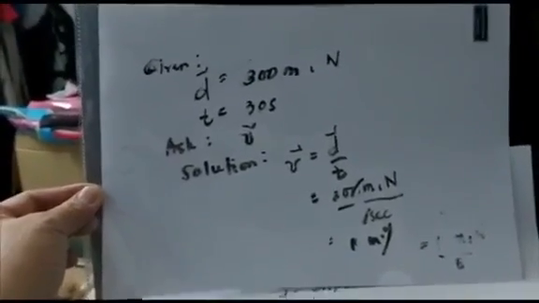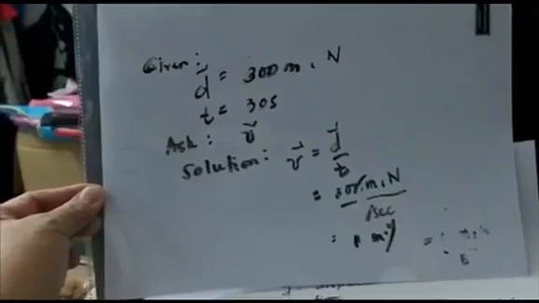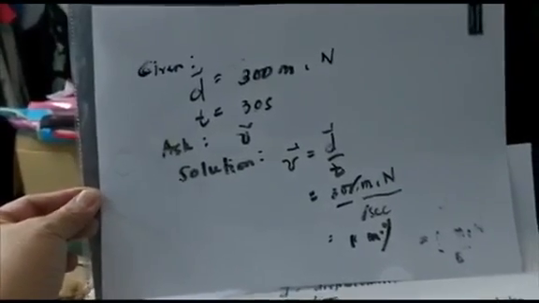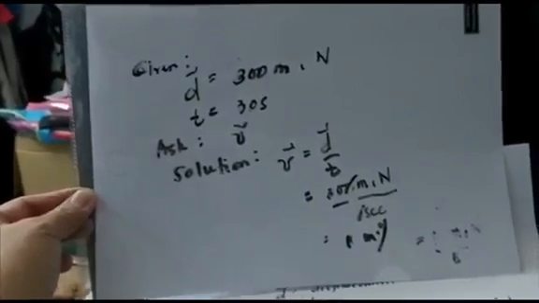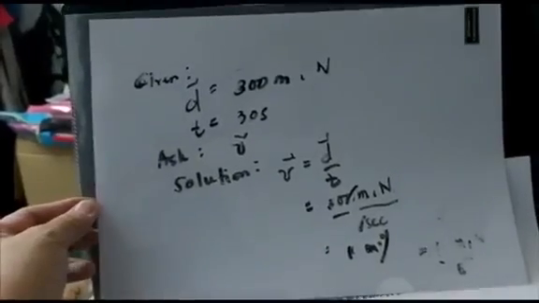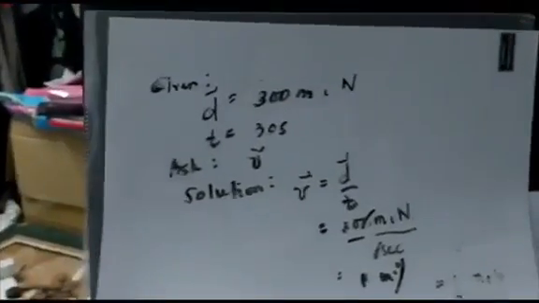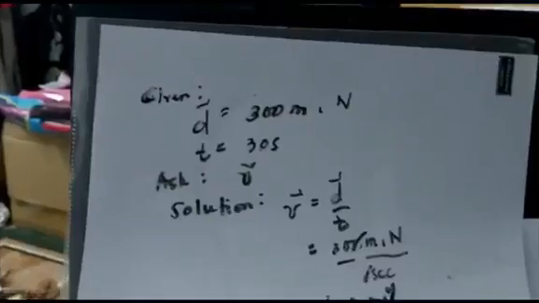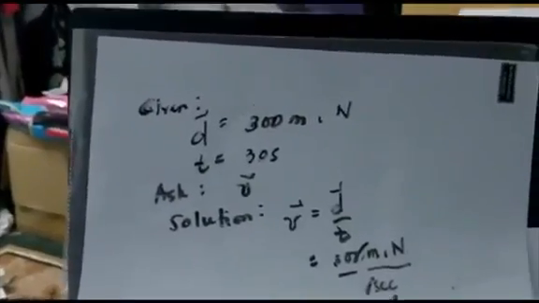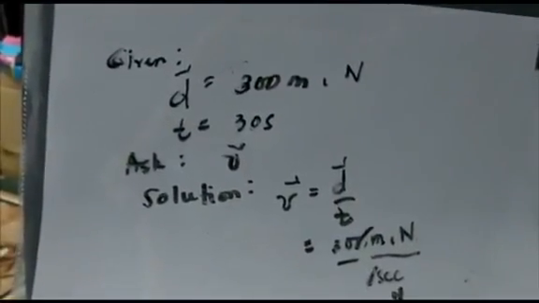Directly substituting the values, you have 300 meters north divided by 30 seconds. Your final answer, 300 divided by 30 is 10, so it's 10 meters per second north.